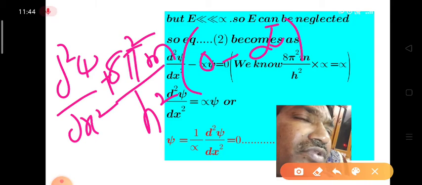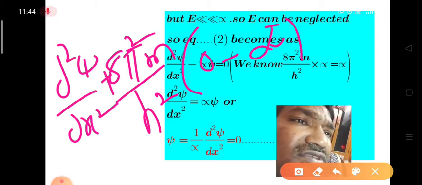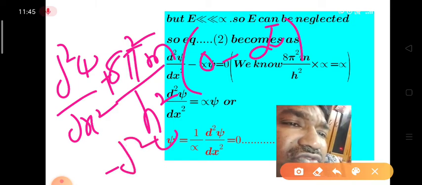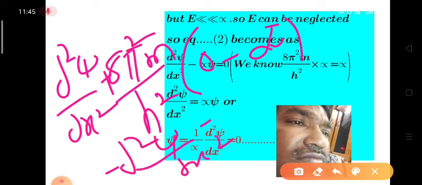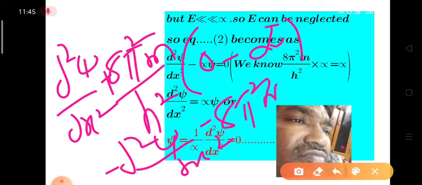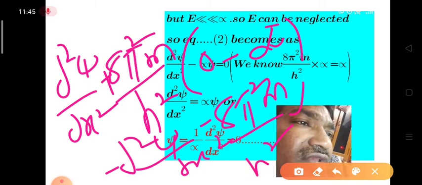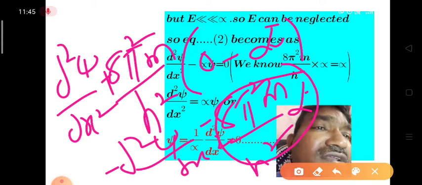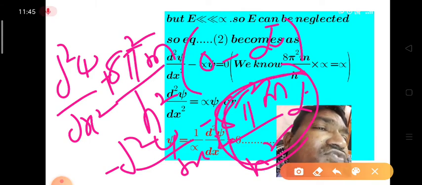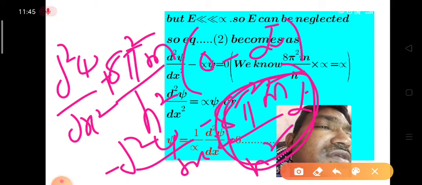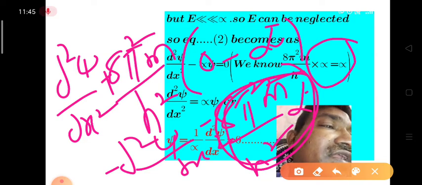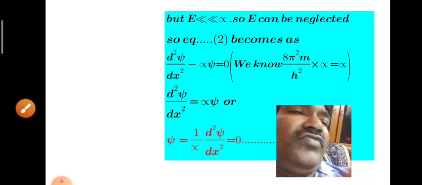As a result, the equation becomes like this: d square psi by dx square minus 8 pi square m by h square into infinity. And we know very well that something into infinity is equal to infinity. So in the place of 8 pi square m upon h square into infinity, simply we can write infinity. As a result, look here, we get this equation.